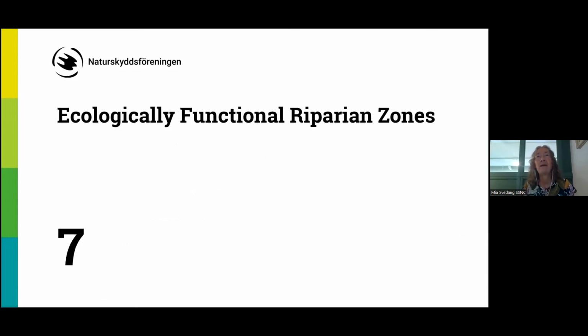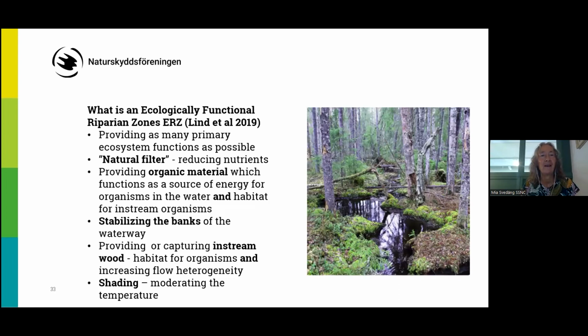A sort of best practice is to use an ecologically functional riparian zone. So that's some sort of an optimal buffered zone, which contains all good things in it. An ecologically functional riparian zone, which was described in a paper by Lind and his co-authors from 2019, they say that the goal is to provide as many primary ecosystem functions as possible.